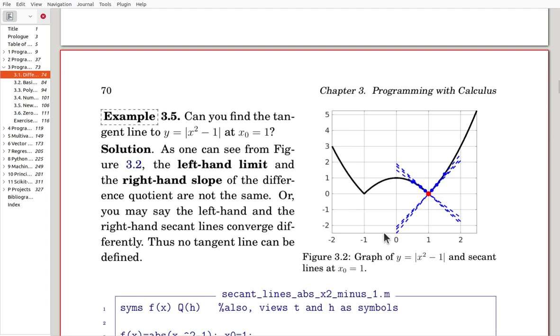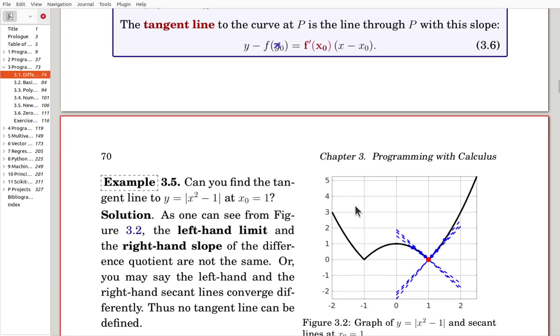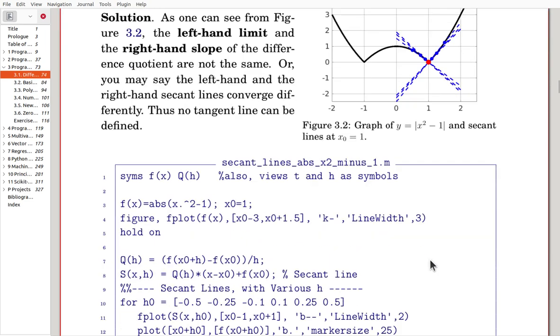So we cannot define a tangent line at the point. In fact, this point is a cusp, and the derivative, as it will later be called, doesn't exist. In other words, there's no tangent line we can draw at the point.